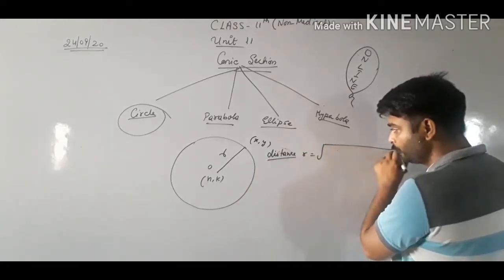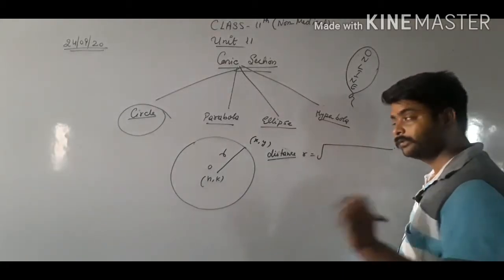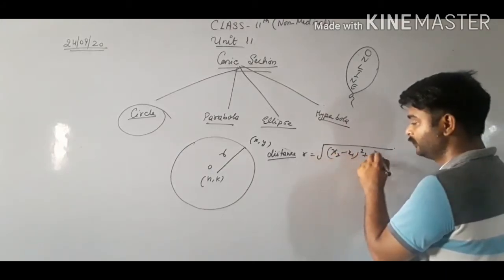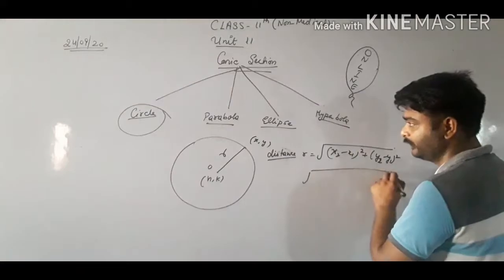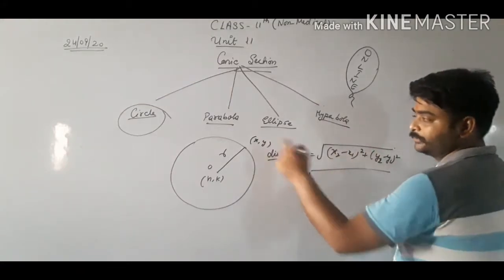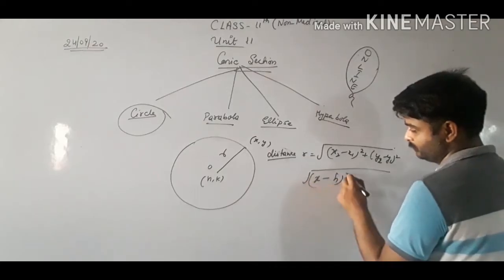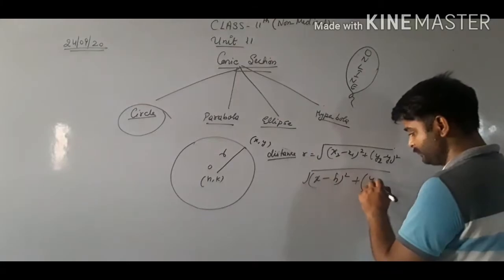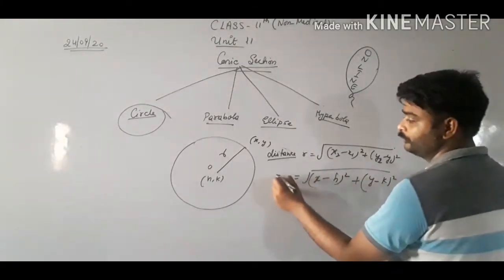Root of x2 minus x1 whole square plus y2 minus y1 whole square. What is x2? x2 is x minus h. Any doubt class? Now for the y2 it is y minus y1 is k, which is equals to r.